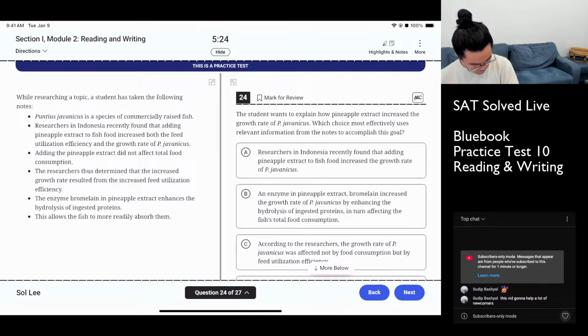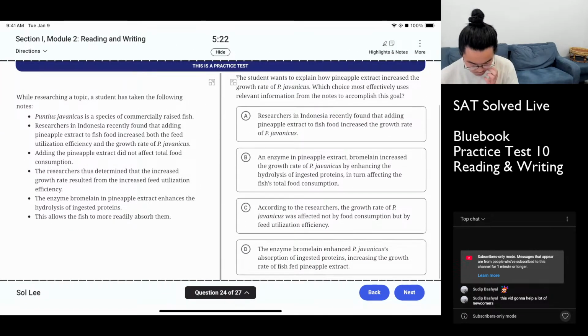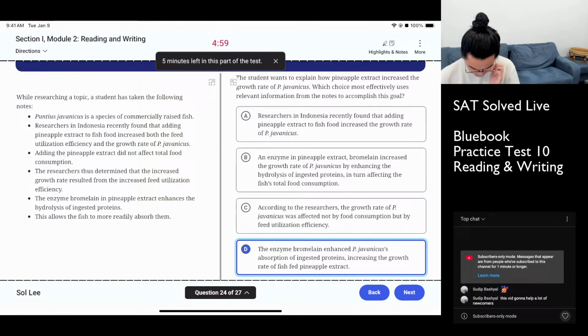Hydrolysis to utilization efficiency to growth rate. Did not affect total... wait, that's off. Absorption of ingested proteins. Okay, that's correct. Growth rate of fish. Okay, because of the bromelain. I guess D is correct.